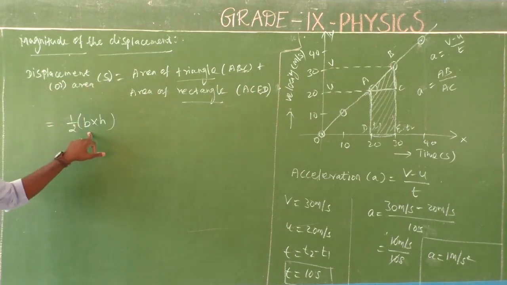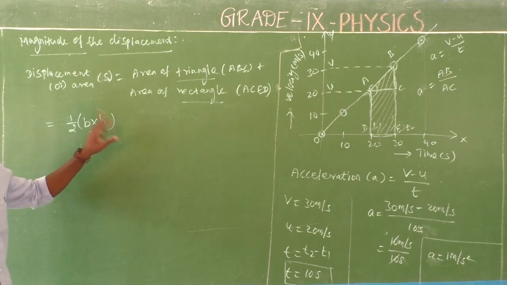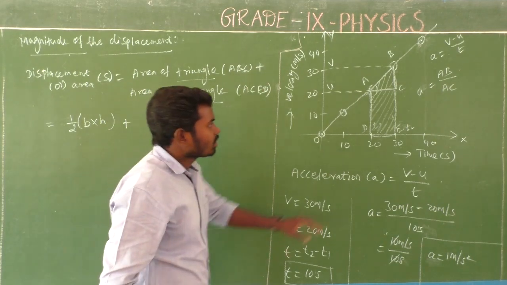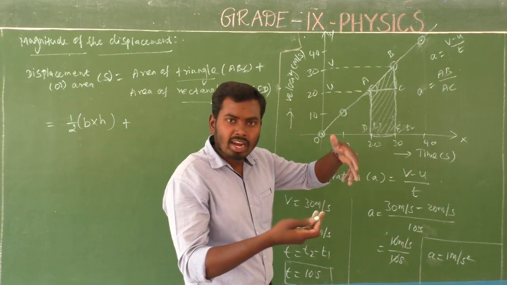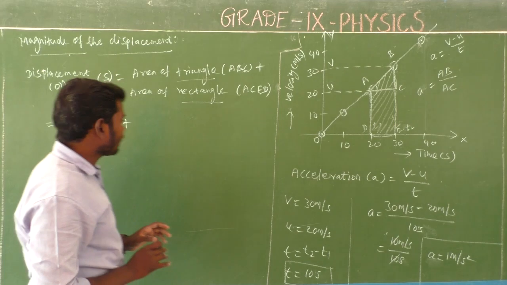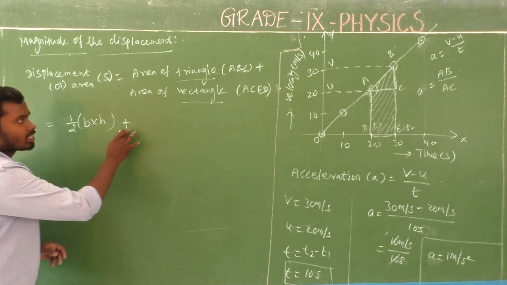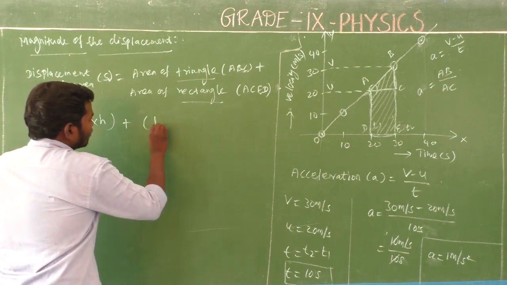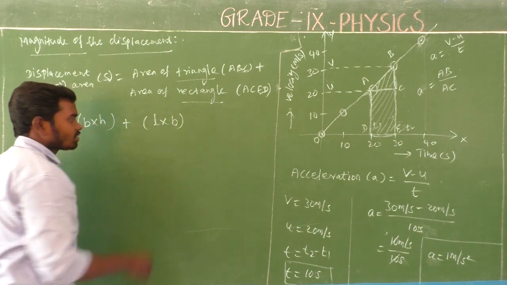So area of triangle is half BH, plus, that is a plus symbol, because these two quantities make up the enclosed area, which is the magnitude of the displacement. So half BH plus the area of rectangle, L into B. That's all.